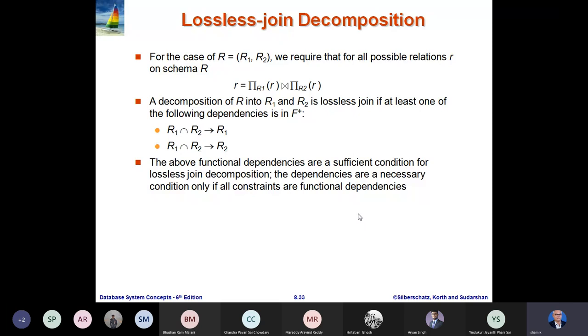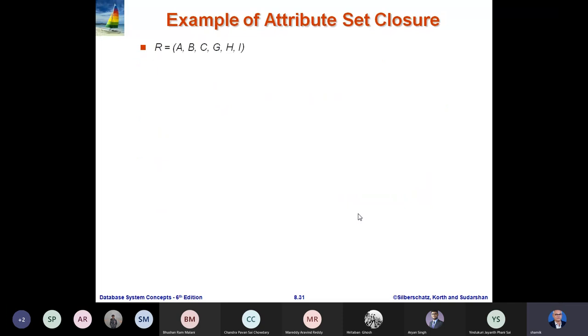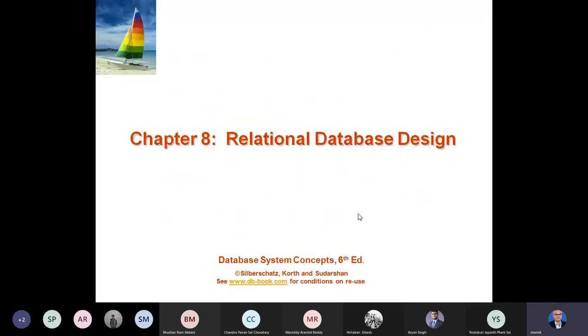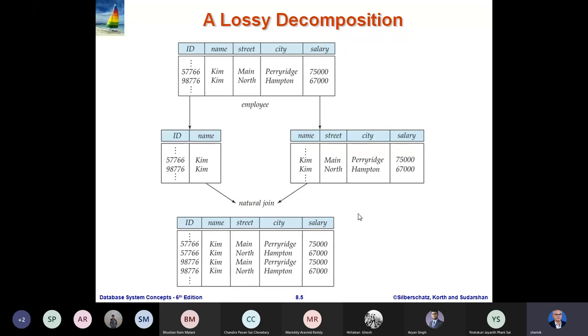So if we make incorrect types of decomposition, just so that you remember it correctly, I am going back to that example here. This was an example which was not a lossless join decomposition, because we had decomposed it with respect to name, which was in both the schemas. If we had done it with ID, that is ID, name, city, street, salary, of course it would have been a lossless join decomposition.